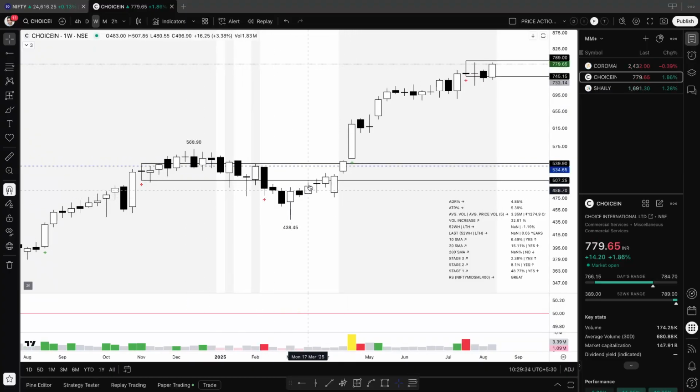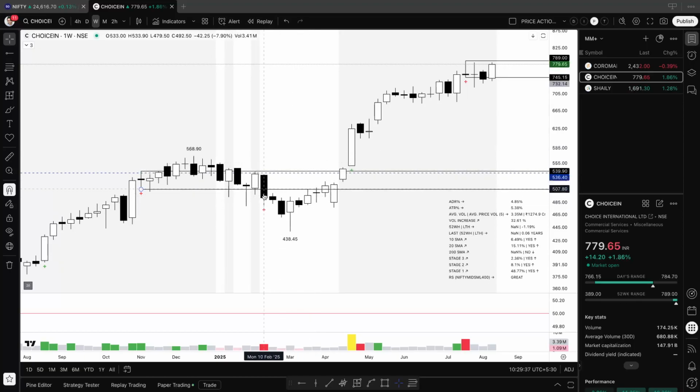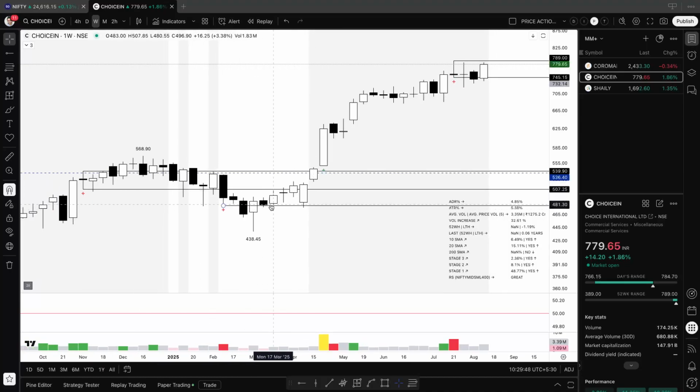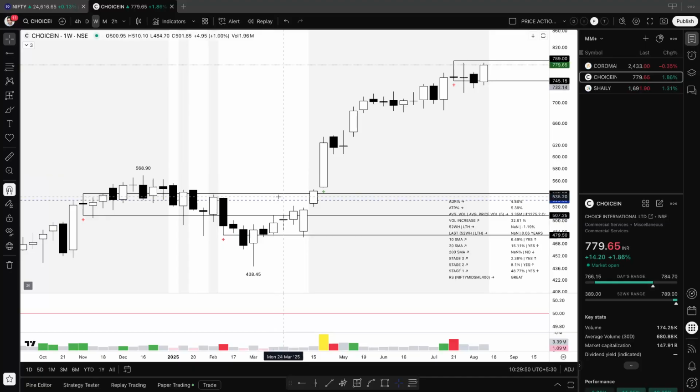Let me mark the low here also. After it recovered, it faced a two week struggle to cross this level. It got rejected, then again got rejected.